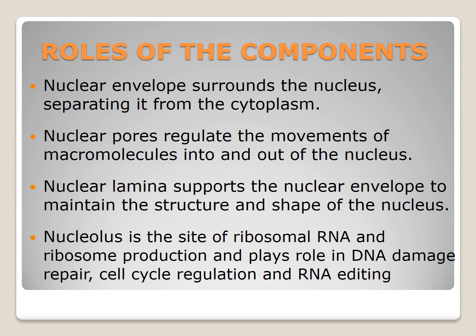The nuclear envelope surrounds the nucleus, separating it from the cytoplasm, just like the cell membrane of the cell. The nuclear pores regulate the movement of macromolecules into and out of the nucleus, while the nuclear lamina supports the nuclear envelope to maintain the structure and shape of the nucleus.